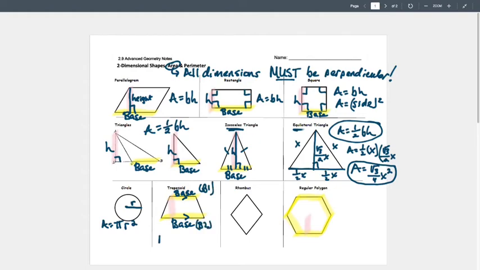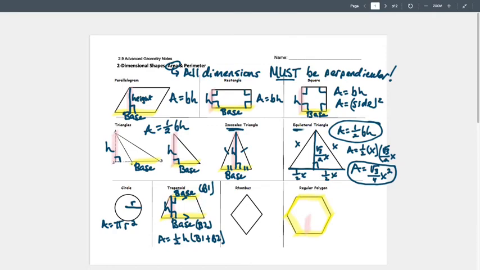And my formula is going to be area equals 1/2 the height times the two bases added together. And your height is going to have to be perpendicular to both of those bases, like that. You're going to want to make sure that you draw your height on the inside and show that it's perpendicular there. This leg right here would never be the height because it's not perpendicular to it.